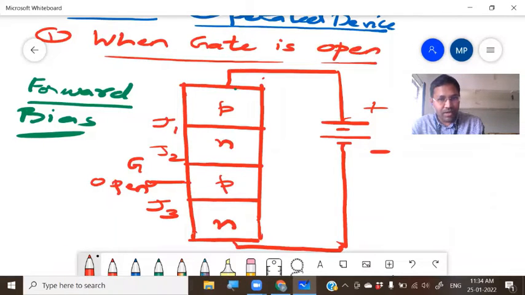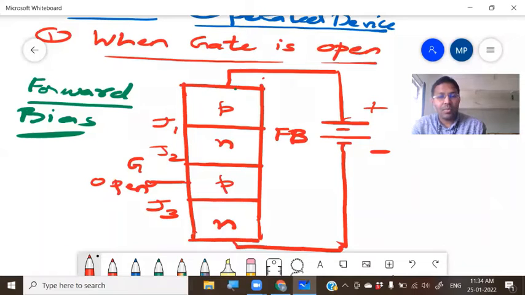At J1, positive voltage is connected on the P side. So J1 is what biased? J1 will be forward biased. Quickly answer when a question is asked, so that the class will be exciting. So J1 is forward biased.